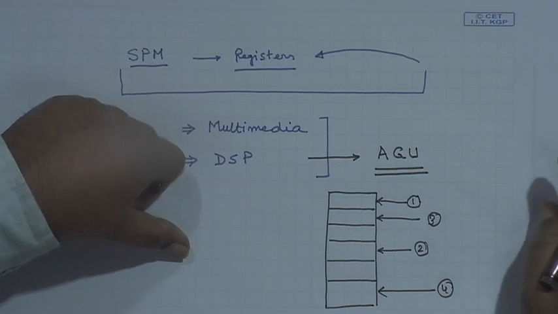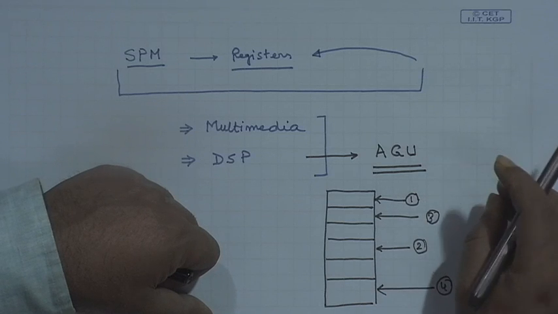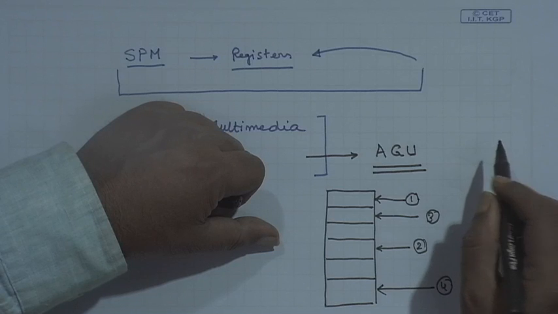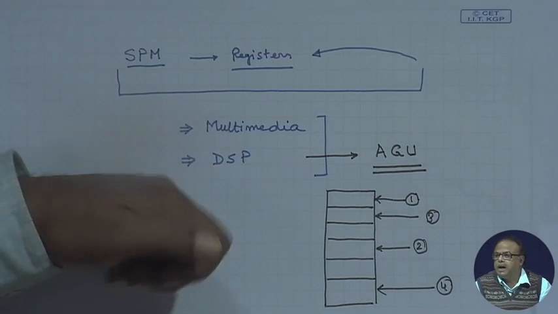Now, the address generation unit is a part of the digital signal processor, because it allows us to do the address update along with the other updates.